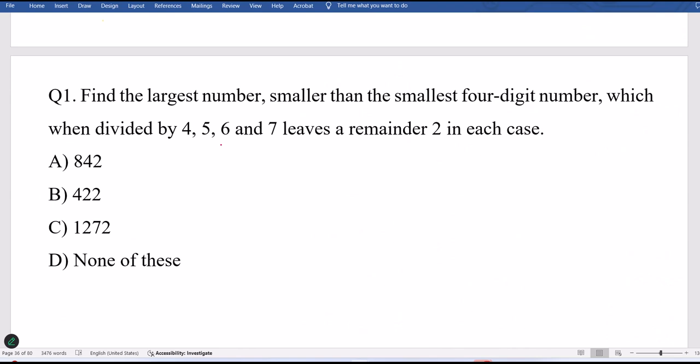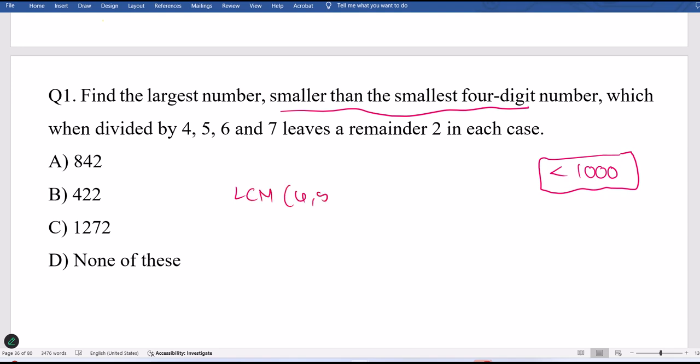Read the question carefully. Find the largest number smaller than the smallest 4-digit number. It should be less than 1000, but it should be the largest. For the number leaving the remainder when divided by 4, 5, 6 and 7, we should take the LCM of 4, 5, 6 and 7. The LCM is 420. Now your answer should be a multiple of 420 plus 2. K is an integer, we can go for 1, 2, 3, and so on.